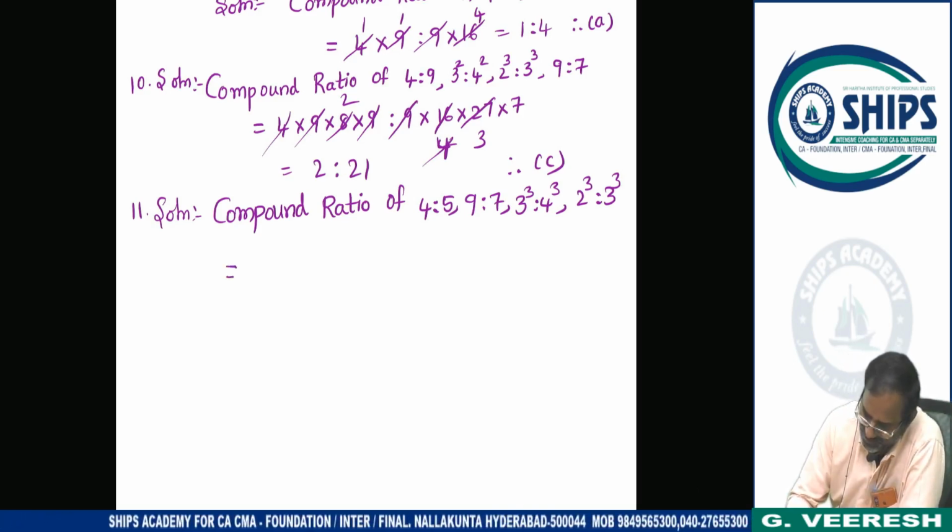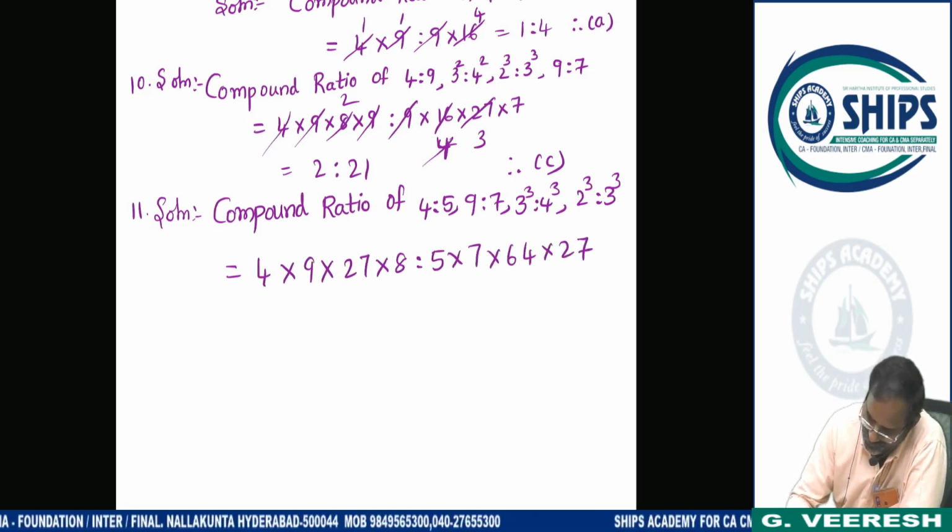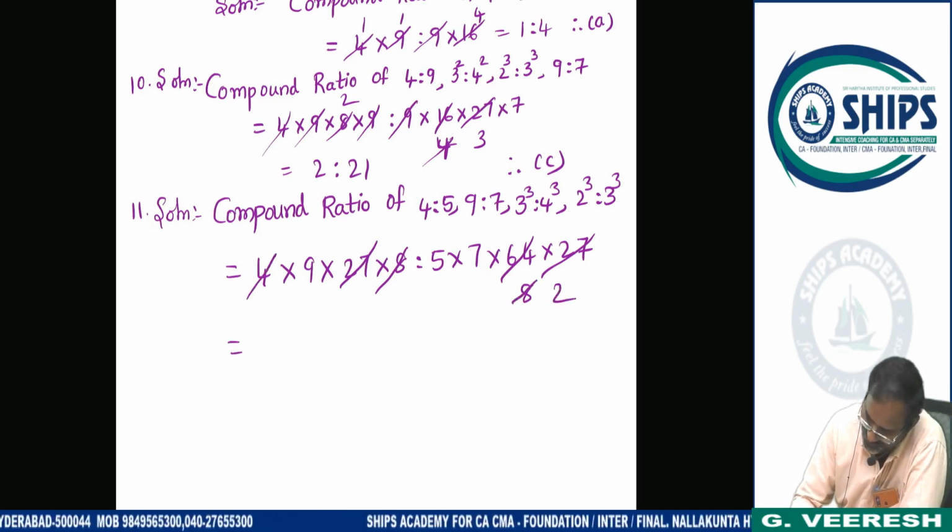Okay. So it is 4 into 9 into 27 into 8, it is 5 into 7 into 64 into 27. So 27 first will cancel. Then again 8 ones are 8, eights are 4 ones are 4, twos are. This 9 is to 70.